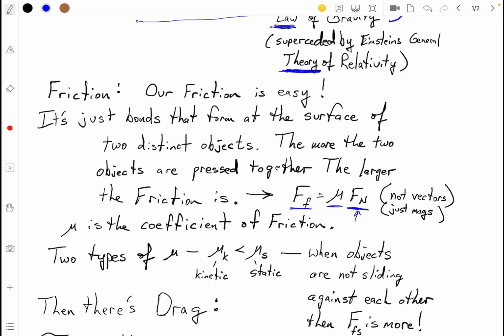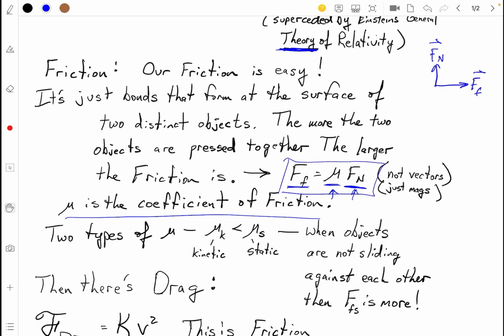There's no vectors on these forces, they're just magnitudes. The normal force is going to point up and the frictional force is going to point to the side. Those are their vectors, but they are related in this relationship through the coefficient of friction. They're not vectors in this equation, just magnitudes.